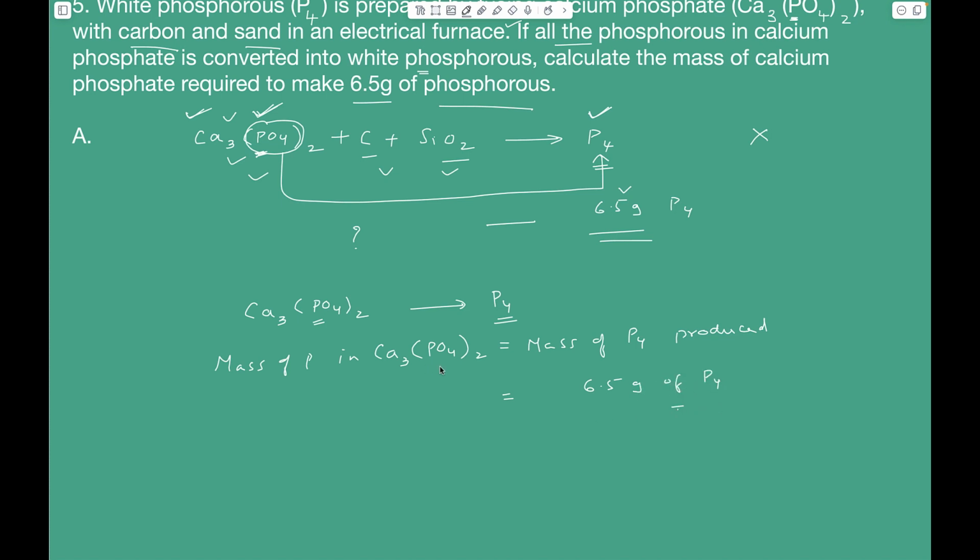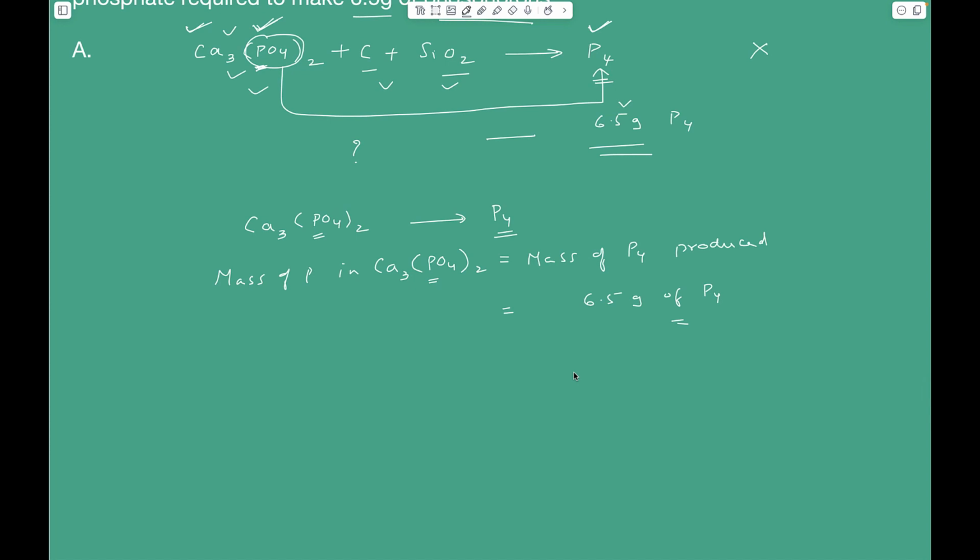Then that is the mass of phosphorus present in calcium phosphate. So what you have to figure out now is the mass of calcium phosphate that contains 6.5 grams of phosphorus.